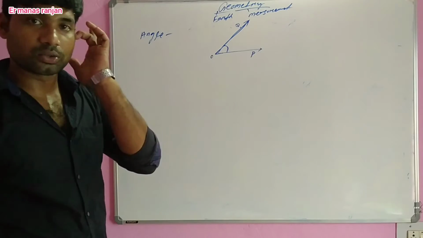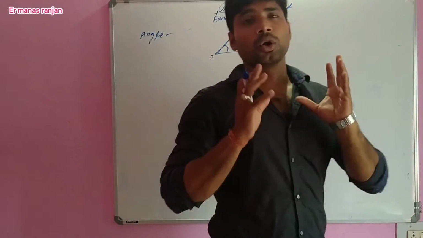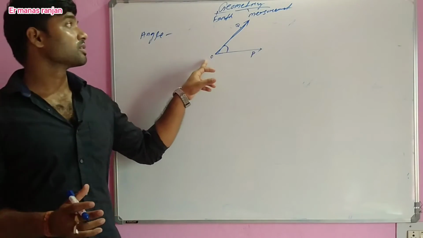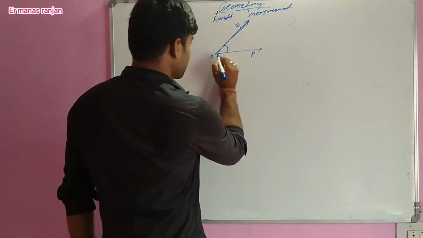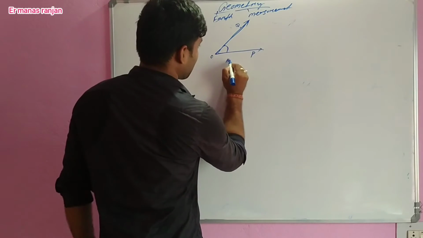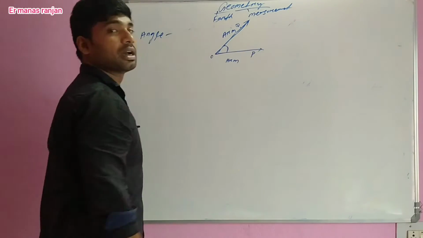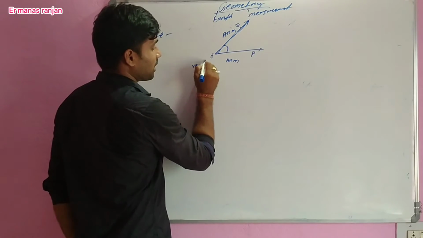Each ray is called an arm of the angle, and O is called the vertex of the angle.